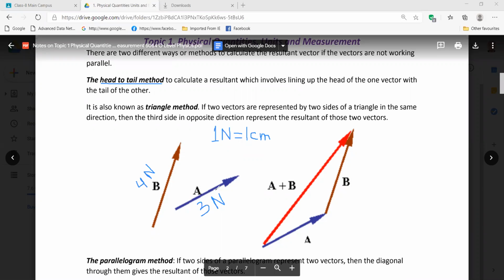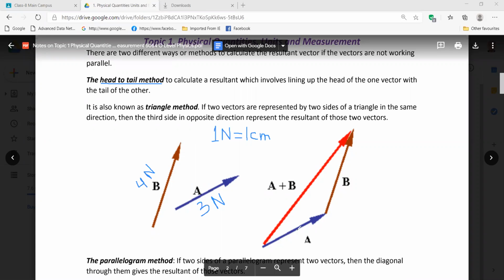I told you in the last class how to transform this vector. You will maintain that the one we already have and the one you are drawing again on the paper are parallel.